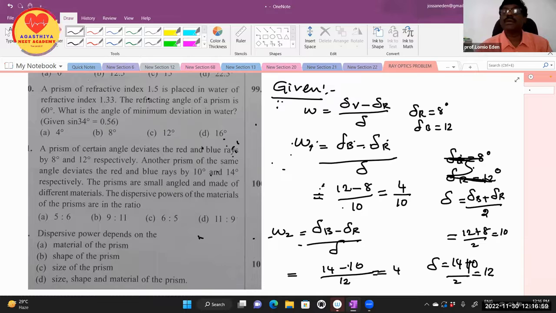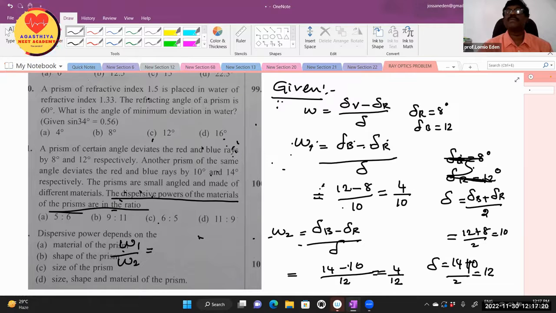This is equal to 4 divided by 12. They are asking the ratio. See this last sentence. The dispersive power of the material of the prism is in the ratio. So first dispersive power divided by second material dispersive power. First one is 4/10.